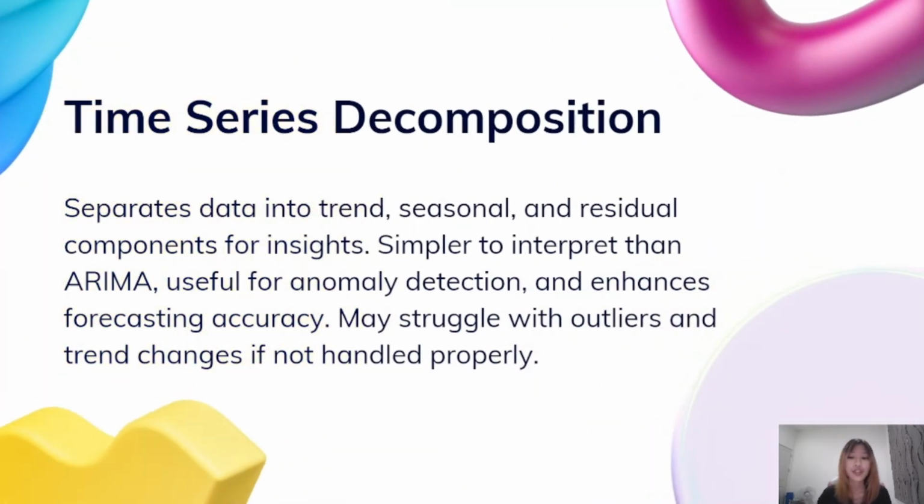And the time series decomposition will separate data into components for insights, simpler interpretation, and anomaly detection. The time series decomposition offers a simpler interpretation compared to the ARIMA model and facilitates model evaluation. However, it may struggle with outlier sensitivity and trend change over time compared to ARIMA.